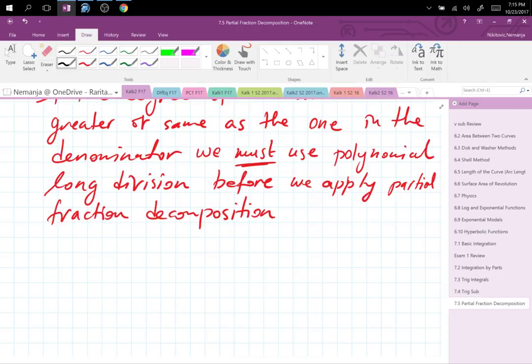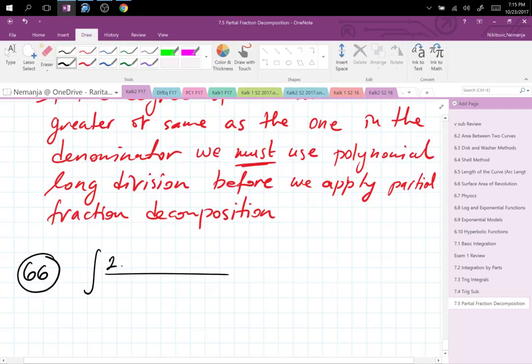And since I know how much you love examples, example 66: the integral of two x cubed plus x squared minus 6x plus 7 divided by x squared plus x minus 6 dx. Good luck.